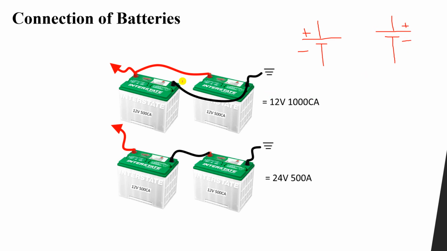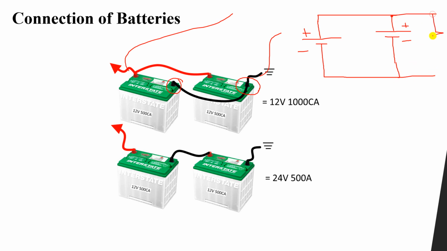Now you can see that the negative terminal is connected with the negative terminal, and the positive terminal is connected with the other positive terminal. Then the final output, these two terminals, will be connected to any load, for example a resistance. So what will happen here?